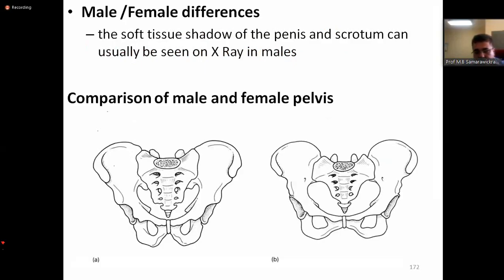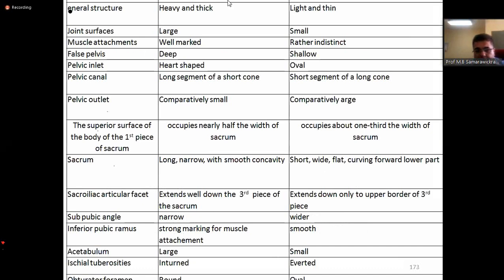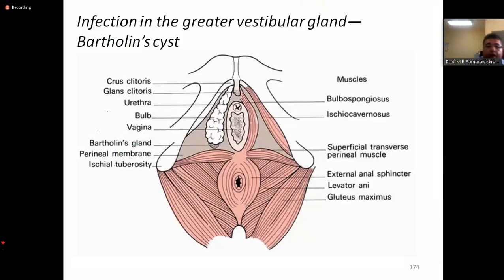Obstetric measurements, differences between male and female pelvises, right? At least you should know these differences. This is a list from Harold Ellis. You should know at least these things, right? So this will definitely be asked if you encounter a gynecologist as your Viva examiner.